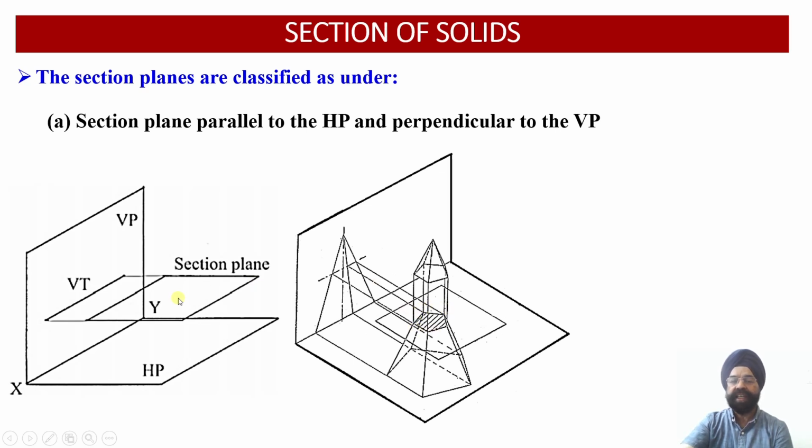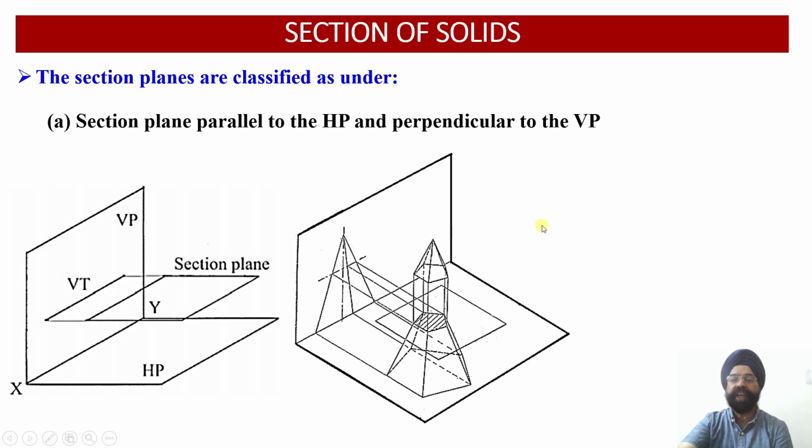Now you see, since this is a cutting plane which happens to be parallel to the horizontal plane, this is our standard solid which is a pentagonal pyramid. So if a pentagonal pyramid is cut with the help of a cutting plane parallel to the horizontal plane, the upper portion of the solid is going to be a smaller pyramid. It is a pyramid on a smaller scale because still it is a pyramid. But this portion has been thrown out.